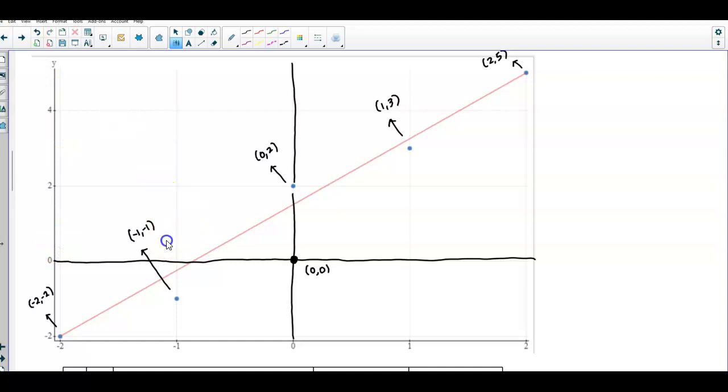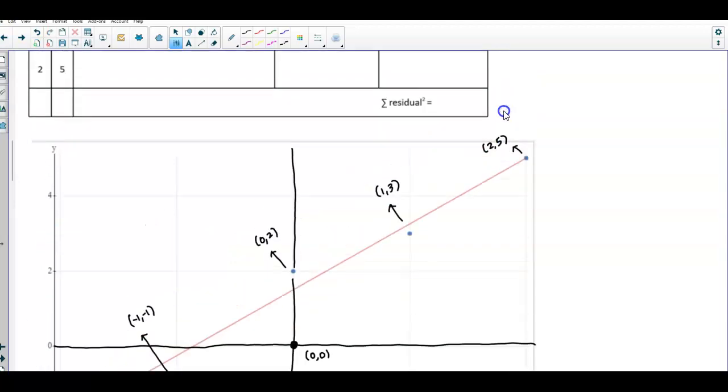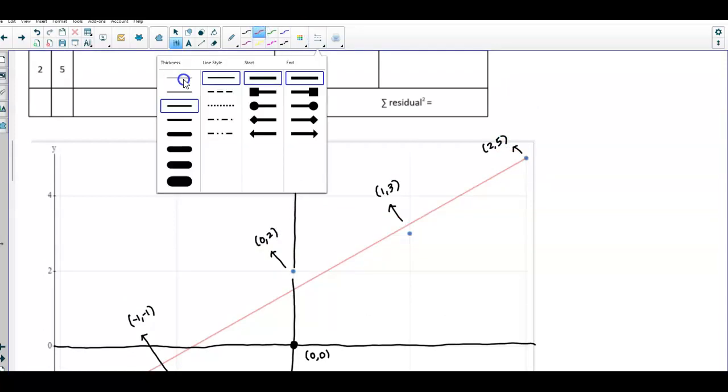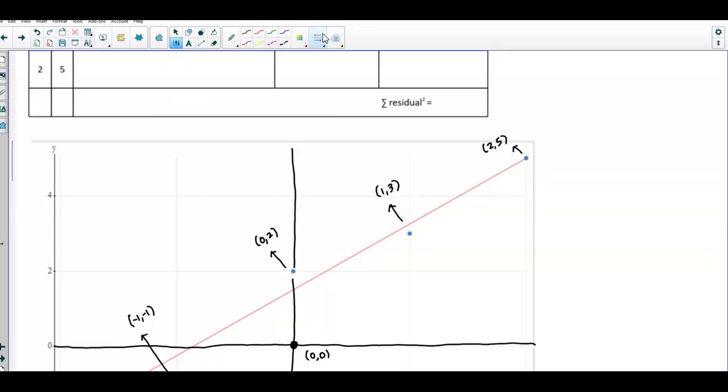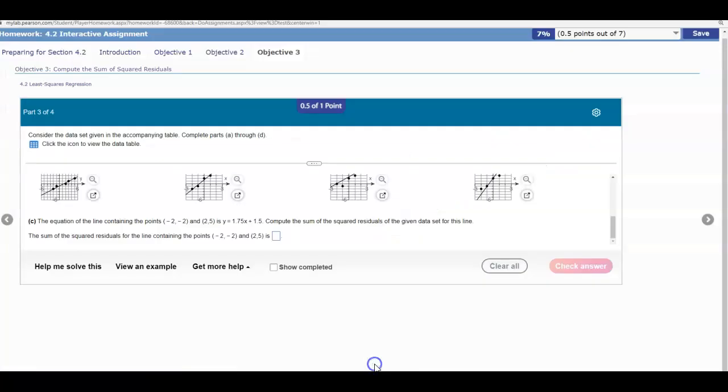Okay, and then I also want to make note that this represents our equation, and that equation that we just graphed, this one in red, represents the equation that we just put in, which is y equal to 1.75x plus 1.5.